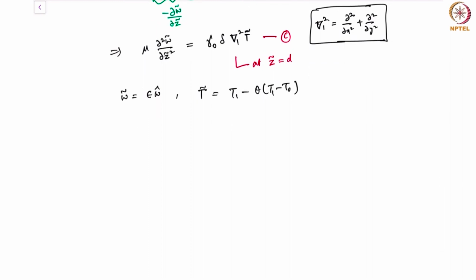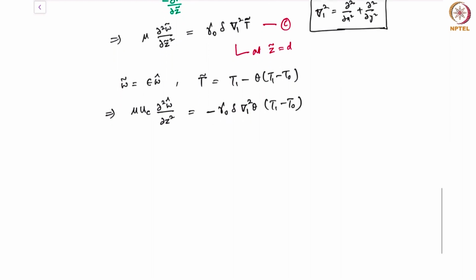If we do this, and we want to non-dimensionalize them as well, we have mu, the non-dimensional velocity uc, del square w hat by del z square will be minus gamma naught delta del 1 square of theta times T1 minus T naught.